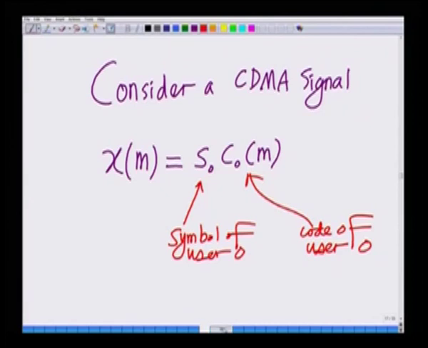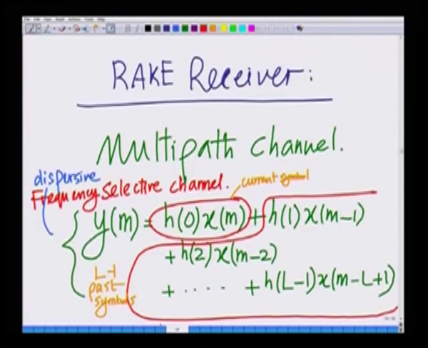Hence, now I will pass this through this multipath channel. Let us see what we receive at the output when this CDMA signal passes through this multipath channel with channel taps H0, H1 up to HL minus 1, which are the coefficients of the channel filter and are also known as the channel taps.